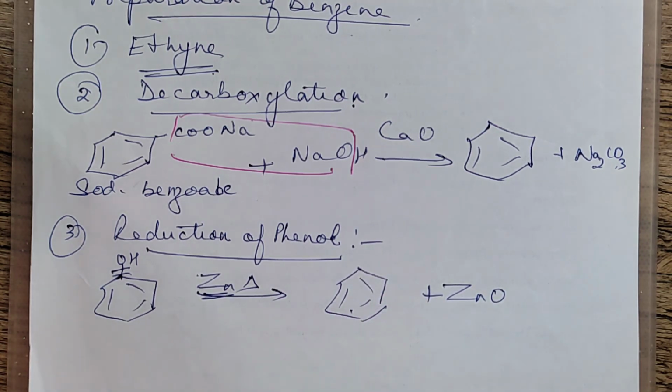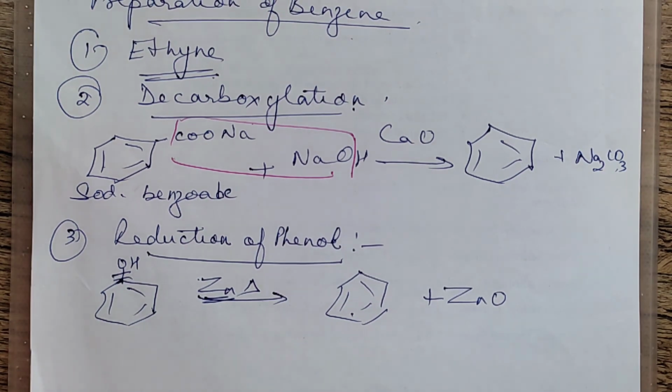So reduction of phenol will give you benzene. Clear? So with this we have completed the structure of benzene and the preparation of benzene. Okay, so in the next video I will be completing the chemical reactions of benzene. Thank you.